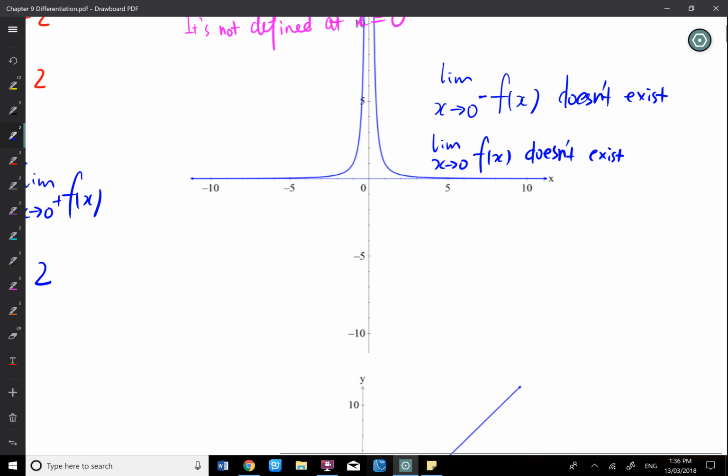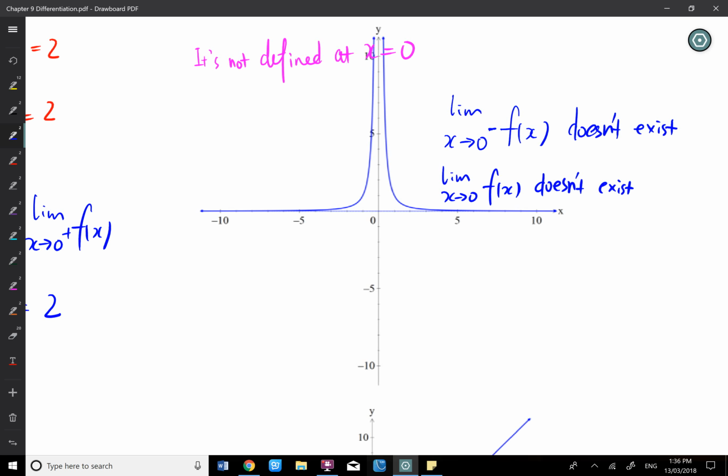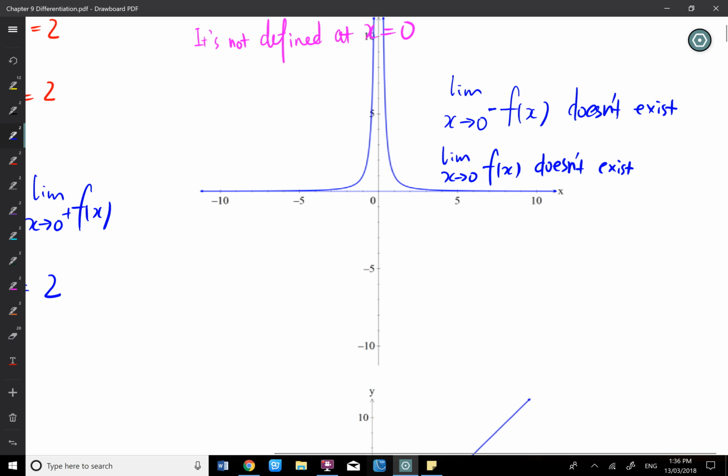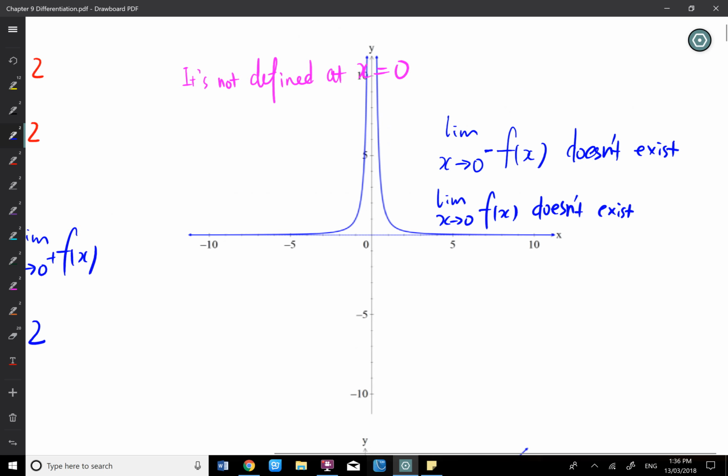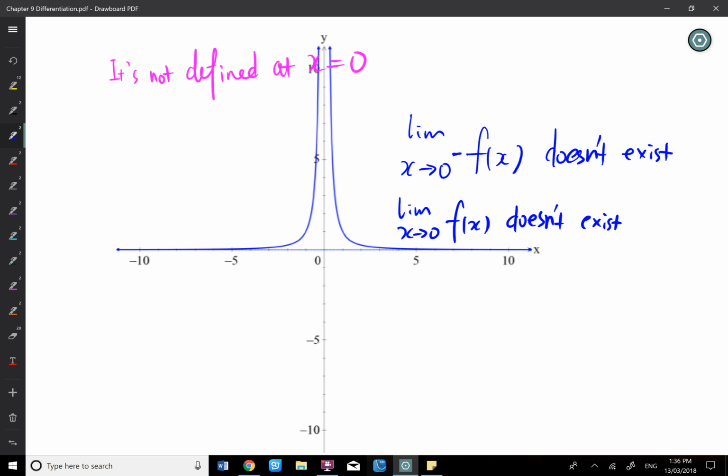So the limit does not exist here. This question tells us infinity is not a value. Infinity means does not exist. So it is not defined at x equals 0, and the limit does not exist at x equals 0 for this question.